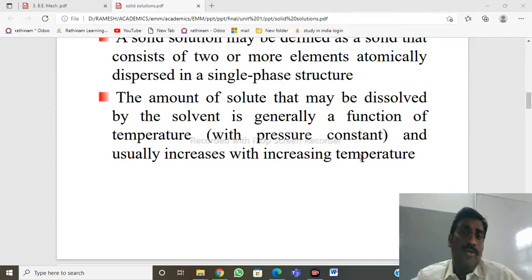Gold is one of the materials, but we cannot make a jewel from pure gold, because pure gold is brittle in nature. It has a high brittleness factor, so the material can be broken while applying load. It does not have enough strength to make jewels.